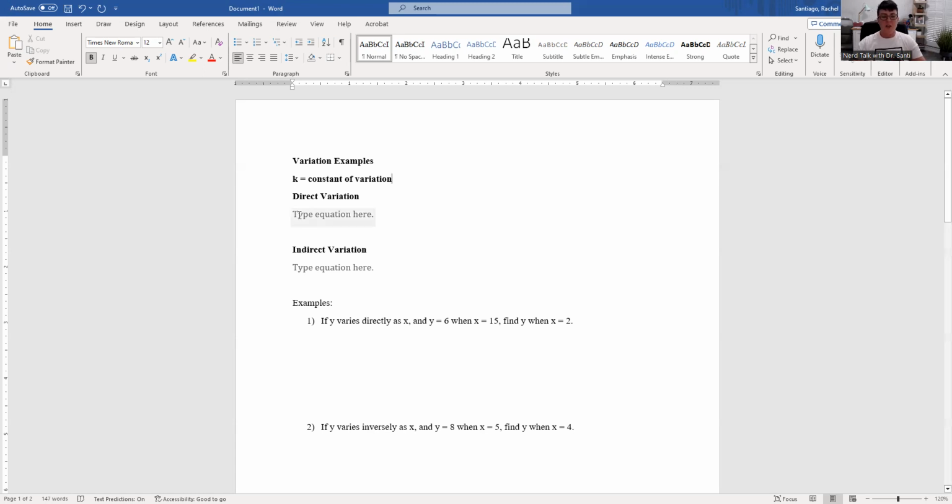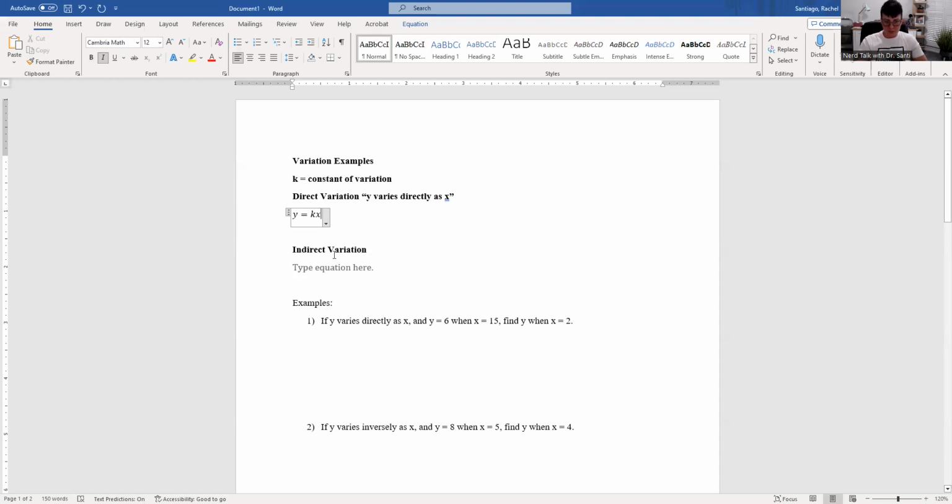If I say that y varies directly as x, then y is equal to some constant of variation multiplied by x. So think direct variation: straightforward, it's in a line.